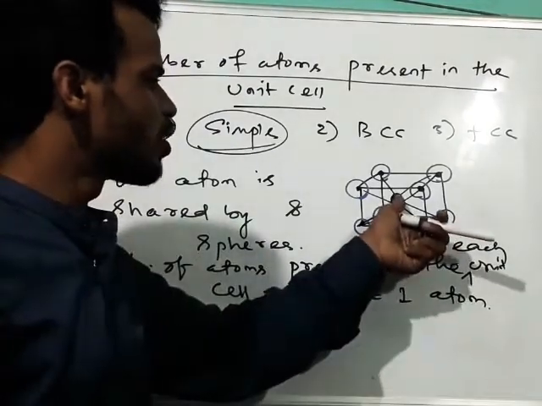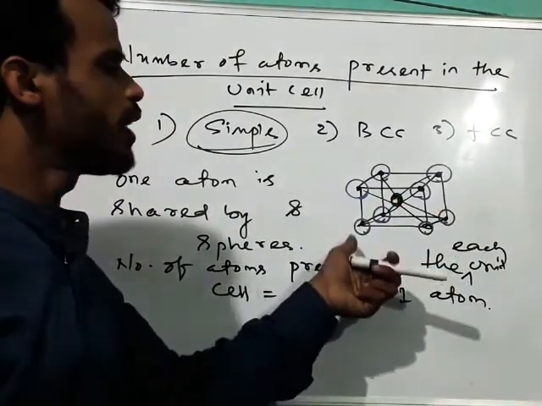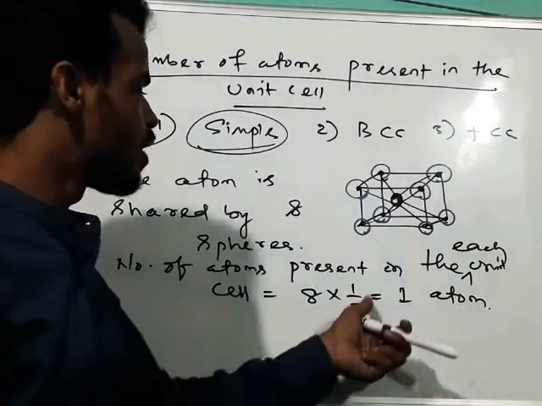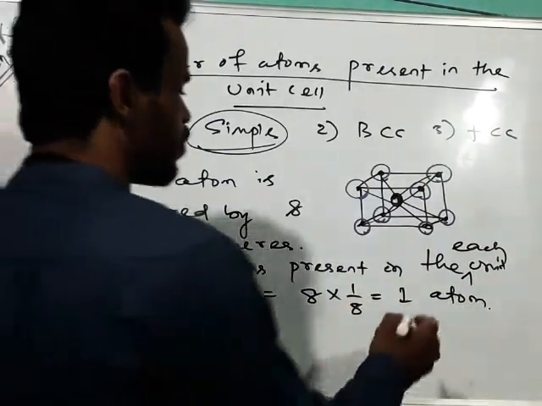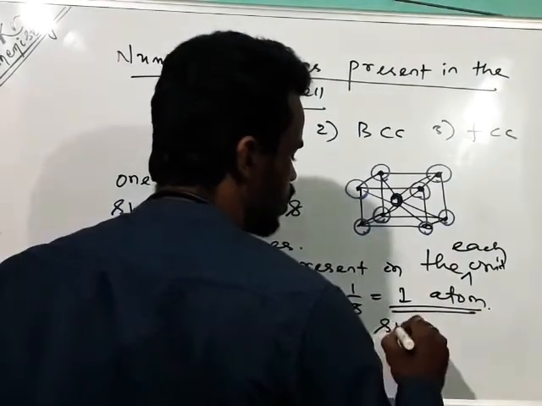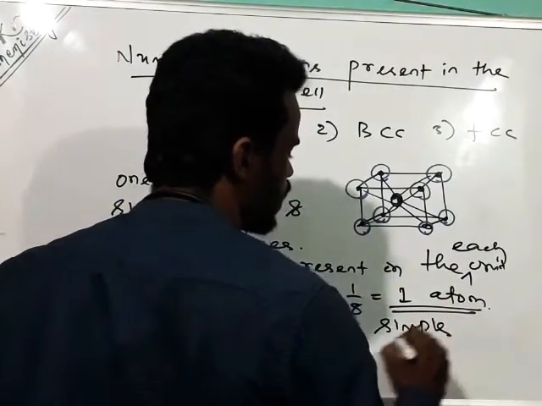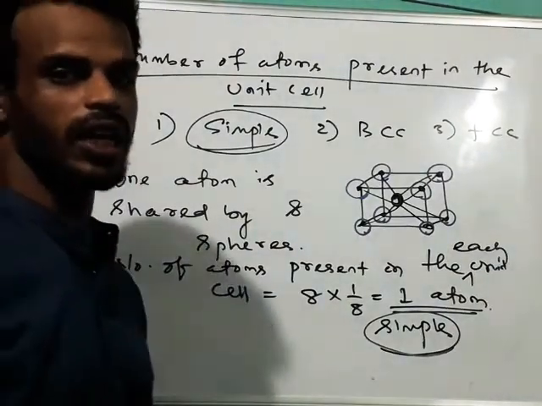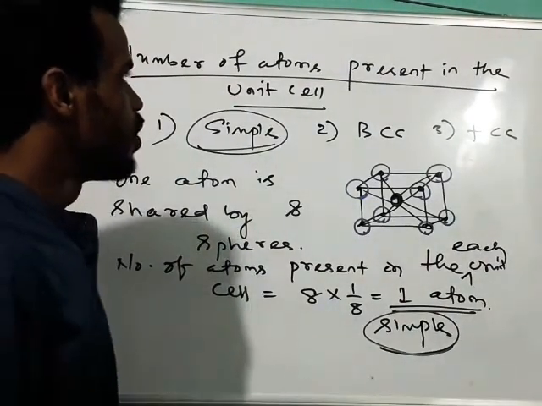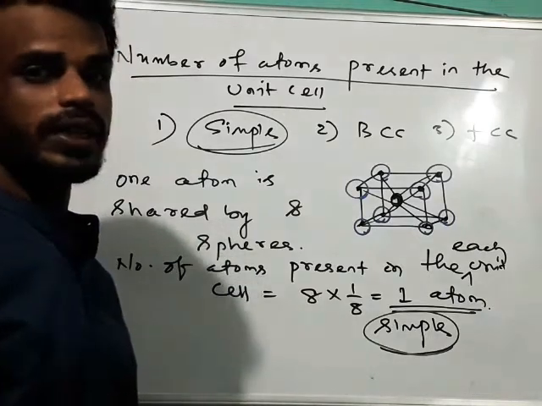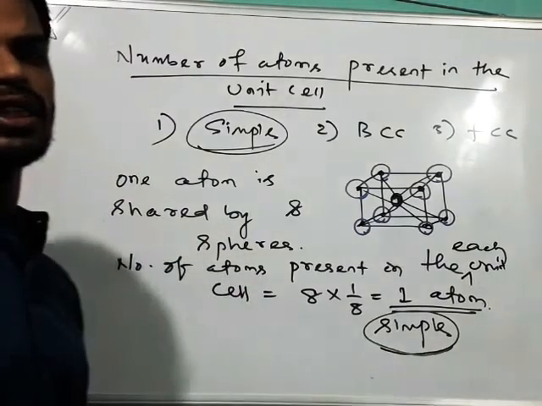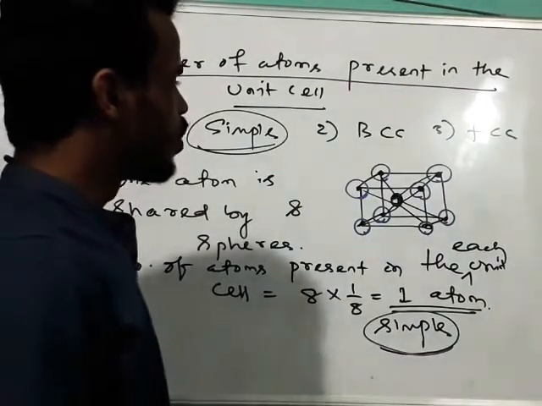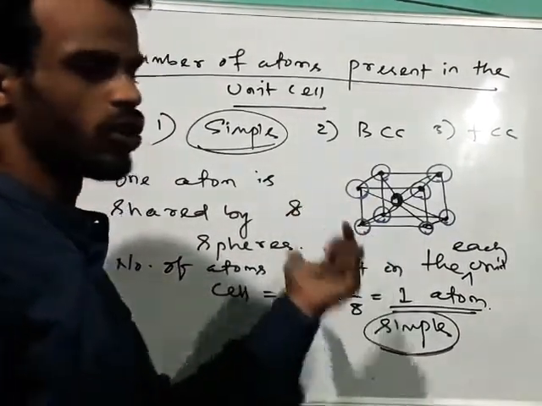Means this atom contains 1 by 8 part of the 8 corners. So 8 into 1 by 8, that is 1 atom. This is for simple cubic crystal, means the simple cubic crystal contains 1 atom in the unit cell. Also see this diagram to confirm how the atoms are surrounded by the 8 corners.